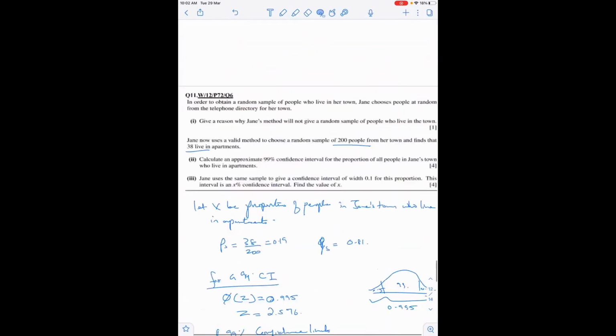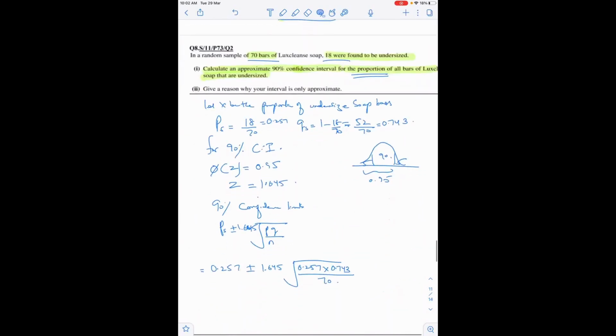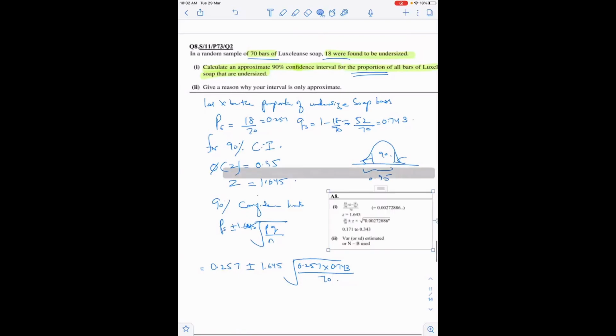Question number 8. We did the 8th one. Okay, so we had to find out the limits. Give a reason why your interval is only approximate. Because the distribution is approximate.